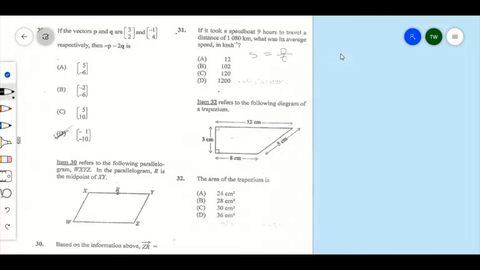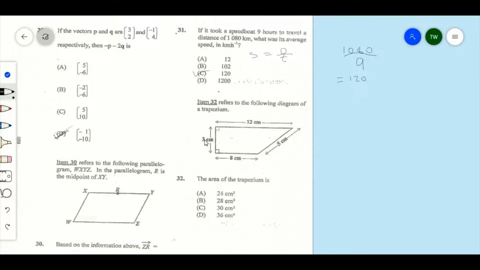So it's going to be 1,080 divided by 9. And 1,080 divided by 9, that's just going to give us 120 kilometers per hour. Alright, so our answer here is going to be C. Clear?